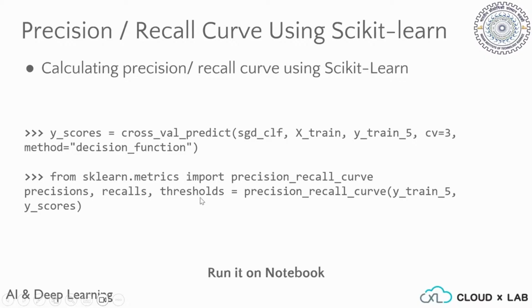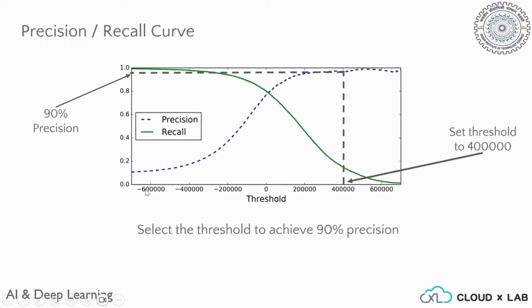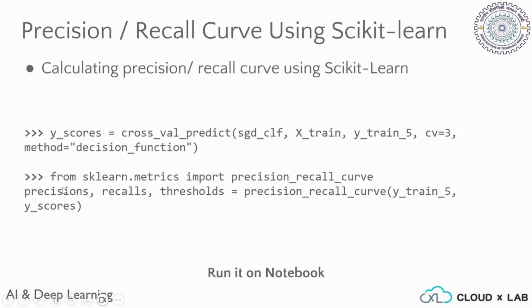As you can see here, if thresholds are increasing, then precision will increase, and correspondingly the recall will decrease, right? So if the thresholds are arranged in increasing order, then precision values will be increasing and the recall values will decrease.